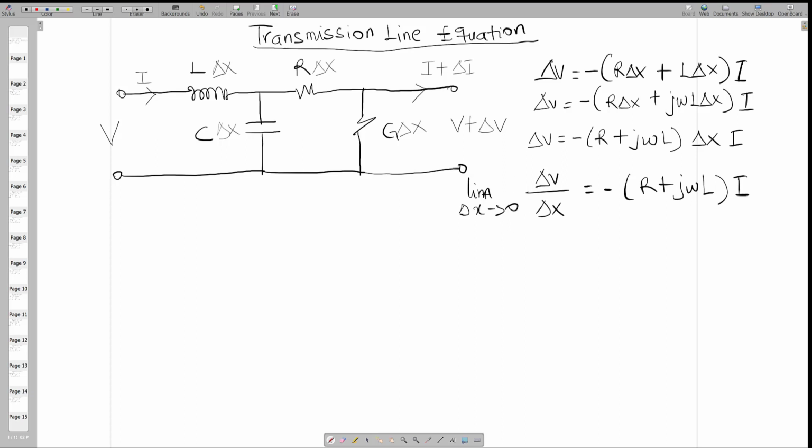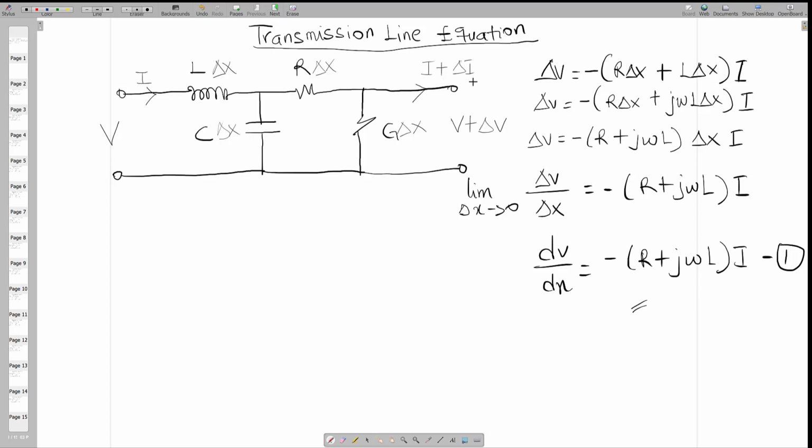So that's the limit of delta V over delta X as delta X approaches 0. The result will be dV over dx equals minus R plus j omega L times I. So we can see that this is equation 1. When we prove for delta V, this is what we should get.